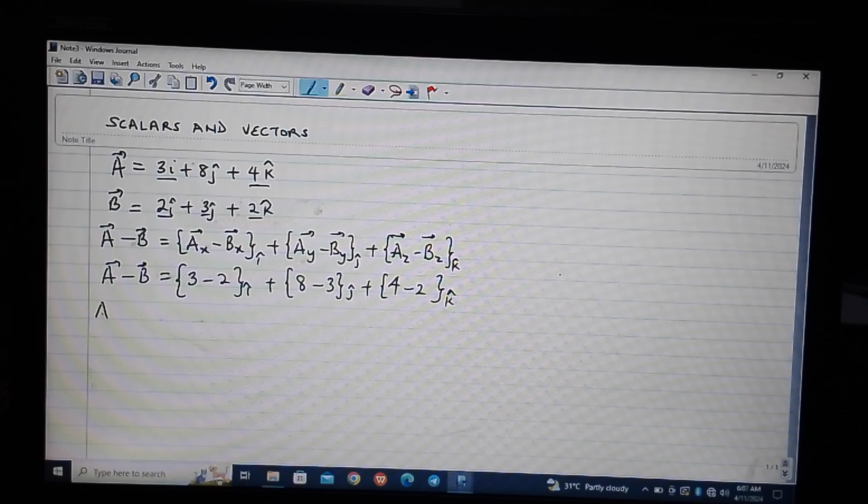So that your A minus B will give you 3 minus 2 is 1, so you say i. 8 minus 3 is plus 5, so we say plus 5j. 4 minus 2 is 2, so we say plus 2k. So this is now a new vector when you combine A and B in the form of subtraction or their difference.